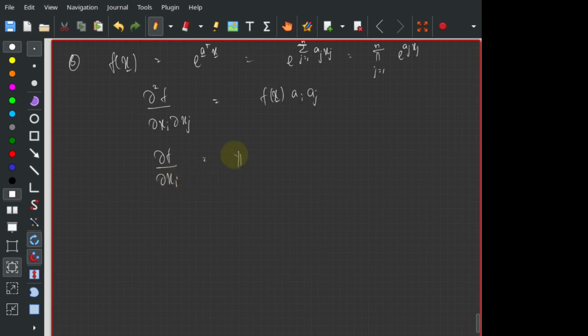So this is the product over j not equal to i of e power aj xj, as you rightly pointed out, times dou by dou xi of e raised to ai xi.